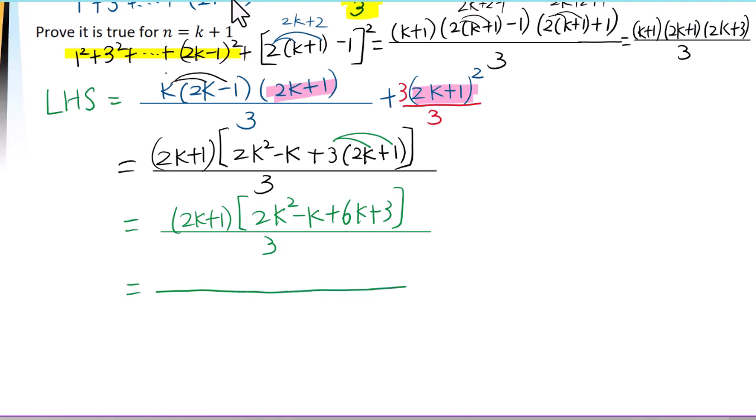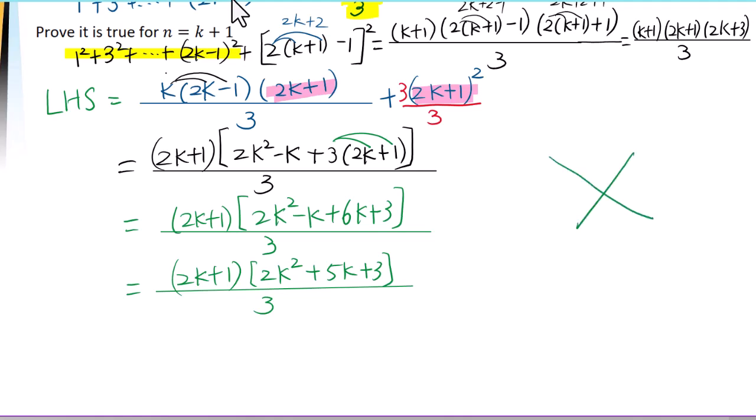Keep simplifying: 2k plus 1 times 2k squared plus 5k plus 3 over 3.